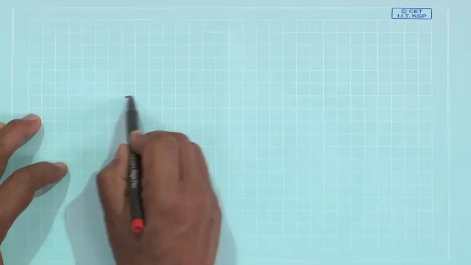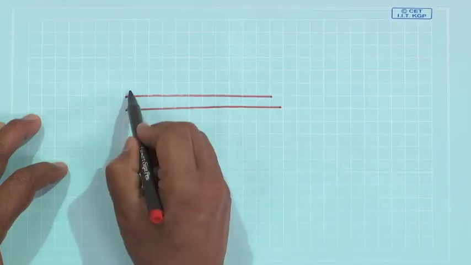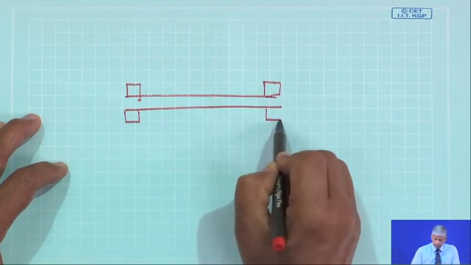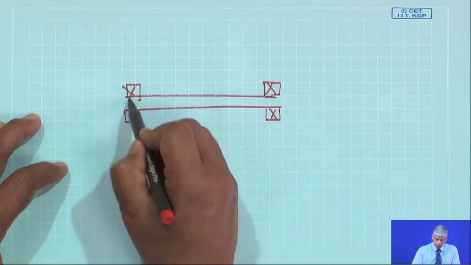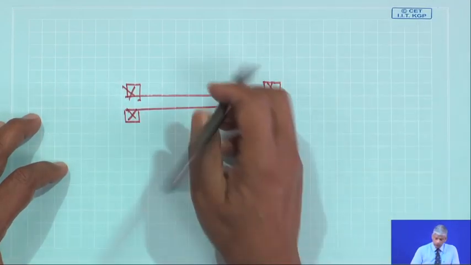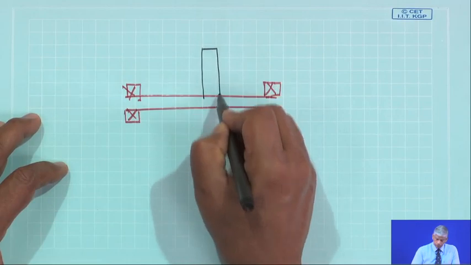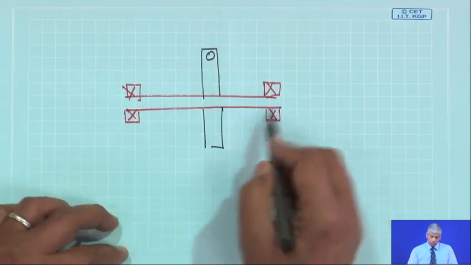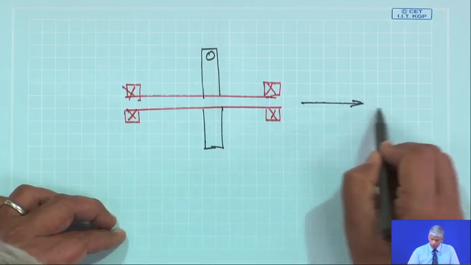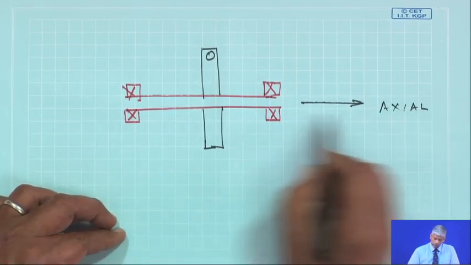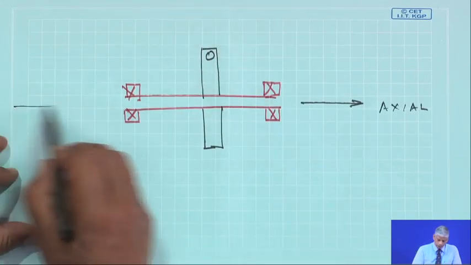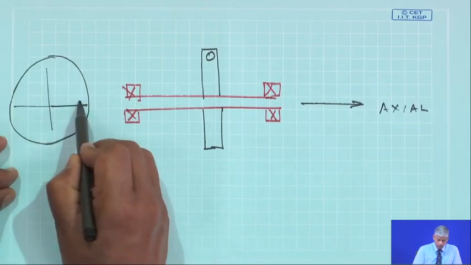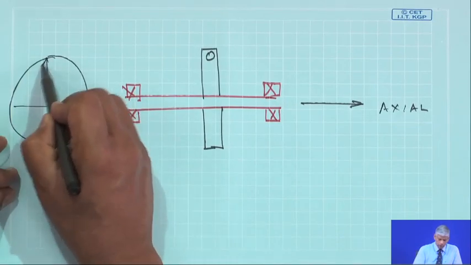So, if I was to take a shaft supported on bearings, you see this is my axial direction and this is the radial plane, where I have the horizontal and then this is the vertical.